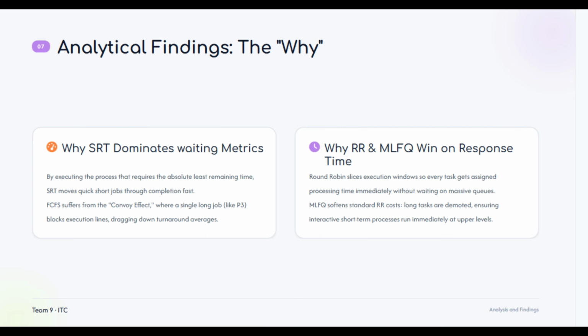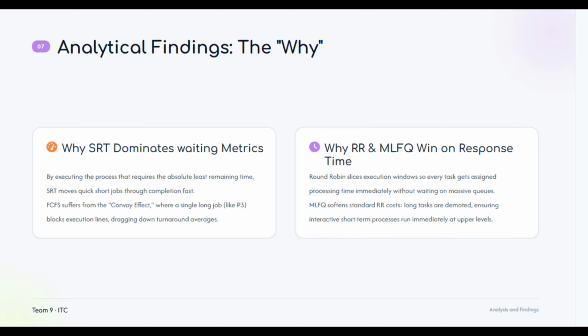For response time, round robin and MLFQ perform better because they allow every process to get CPU time shortly after arriving. Round robin achieves this by dividing CPU time into small time slices, while MLFQ improves on this by giving higher priority to new and interactive processes and gradually moving long-running processes to lower priority queues.